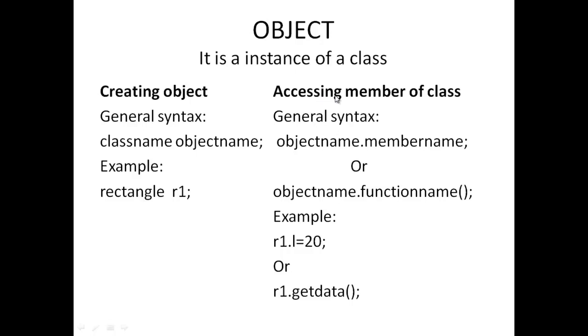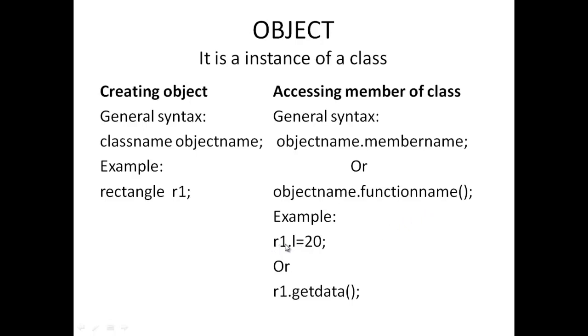So, accessing members of a class. See the general syntax here. First we write the object name, then the dot operator, and then the name of the member, either a data member or a member function.